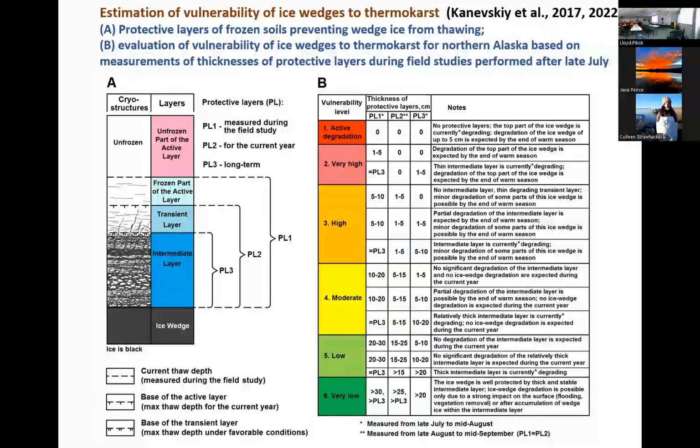And for example, in the next summer, the thaw depth will be deeper, and this wedge definitely will be degrading. And the opposite, if you see about a 20-30 centimeter thick layer of frozen soil above wedge ice, that means that it's relatively well protected, and we can hardly expect its degradation in the nearest future.